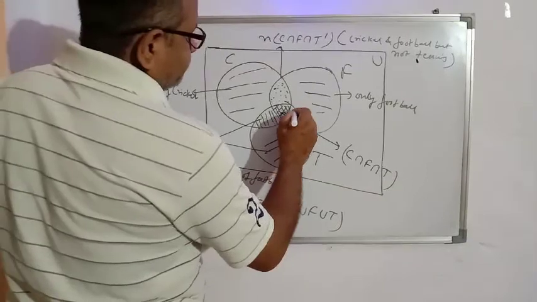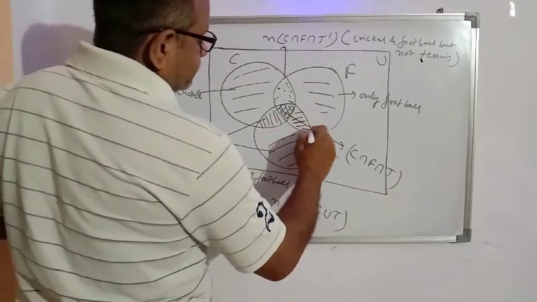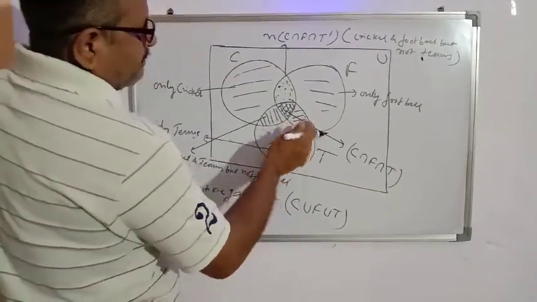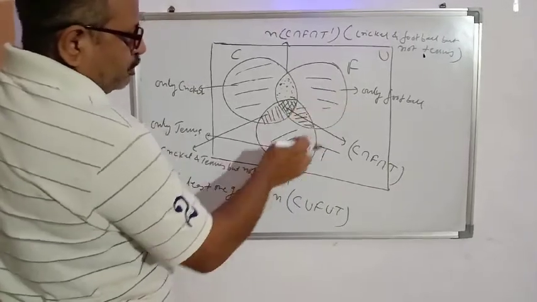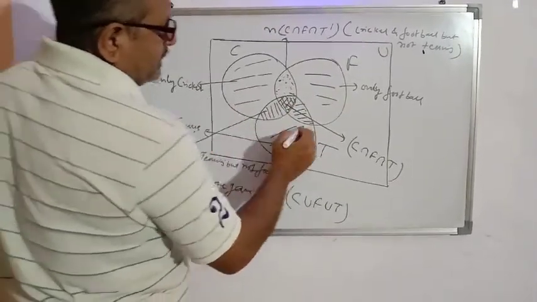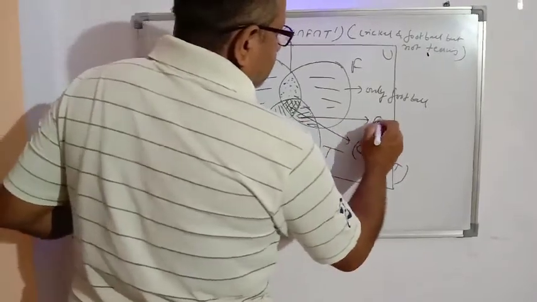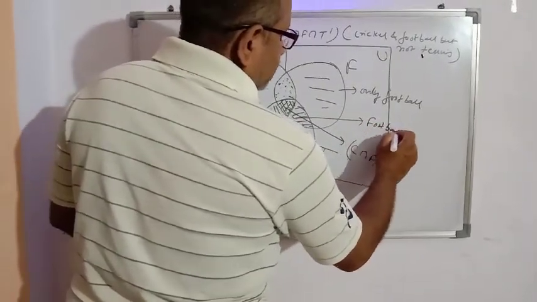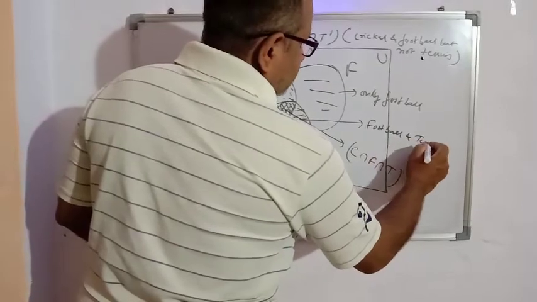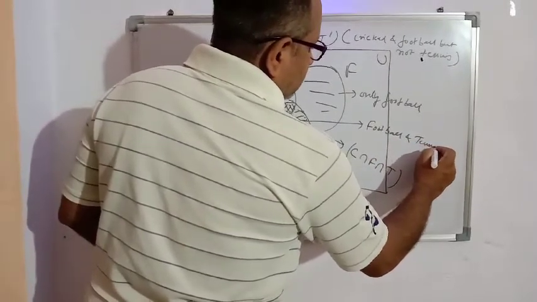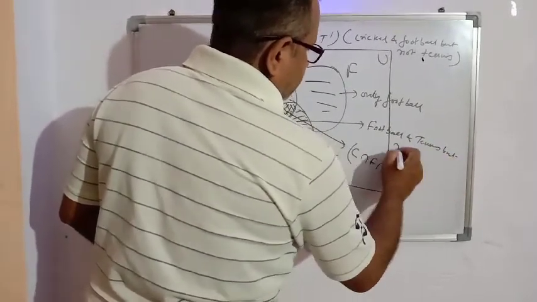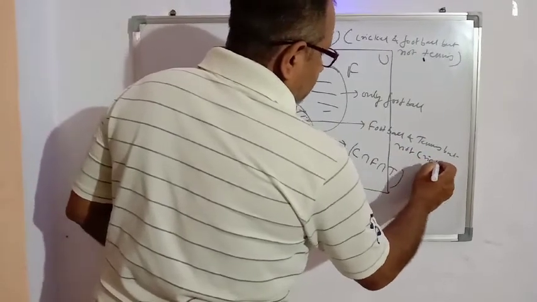Similarly, this portion will represent the number of students who play football and tennis but not cricket.